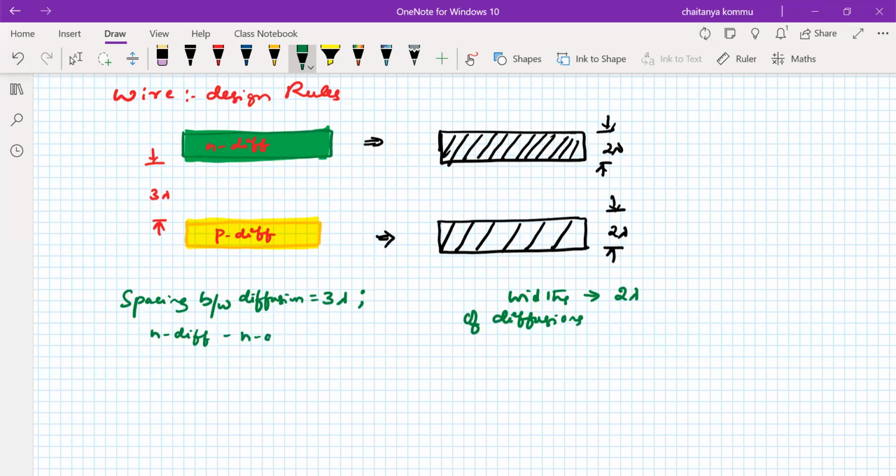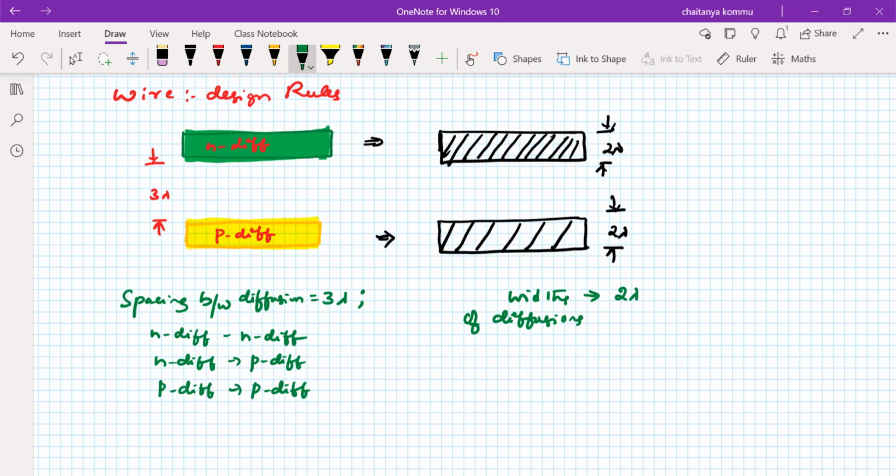N diffusion to N diffusion, or N diffusion to P diffusion, or P diffusion to P diffusion, whatever it may be. I hope you understand this, guys.